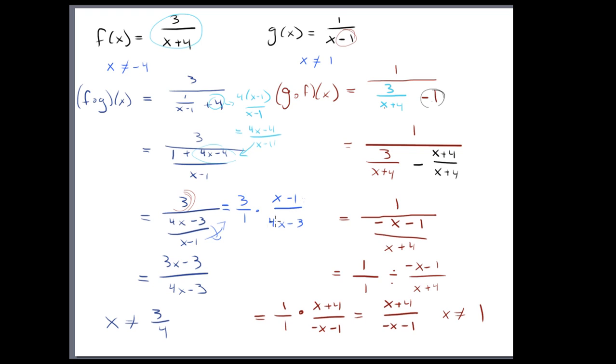We write it as its reciprocal. And then 3 times x is 3x. 3 times 1 is minus 3. So that's 3x minus 3 over 4x minus 3. And we find the values that are excluded from the domain. No joke, those are involved and those are tough.